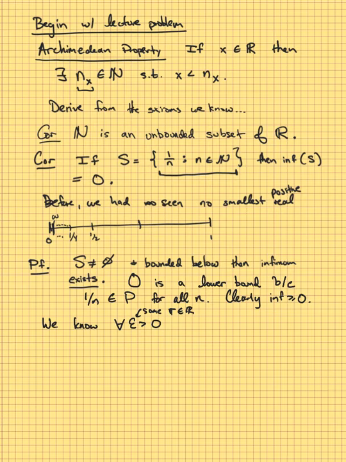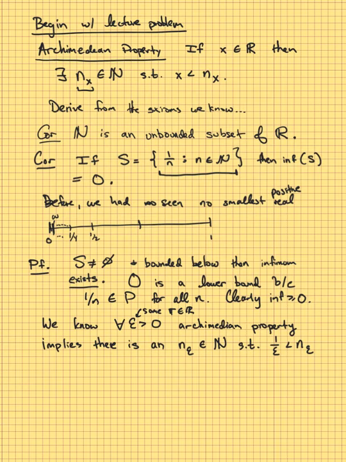We know that the Archimedean property, did not spell that right, implies there is an n epsilon in N so that 1 over epsilon is less than n epsilon.